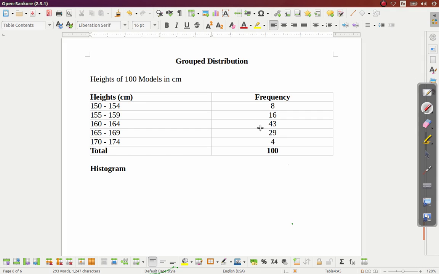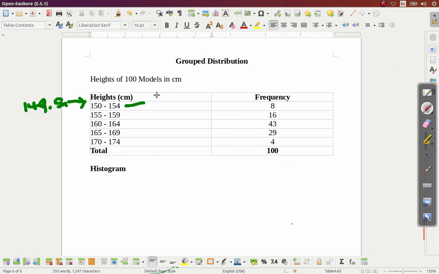So this could have included measurements as low as 149.5, and this could have been as high as 154.49, whatever it is.